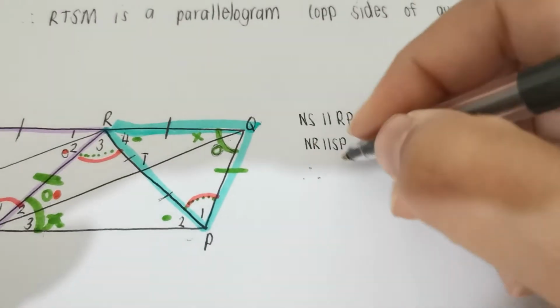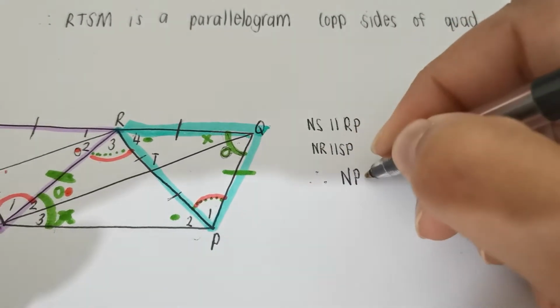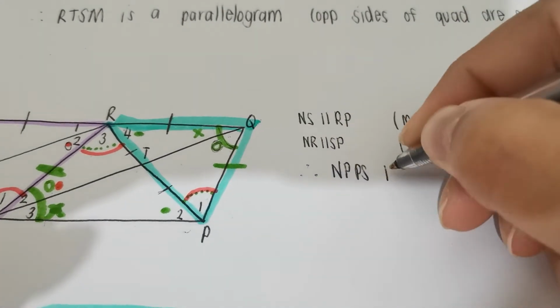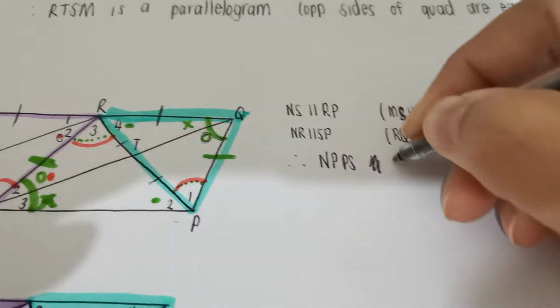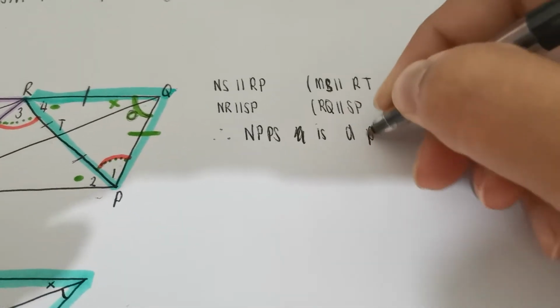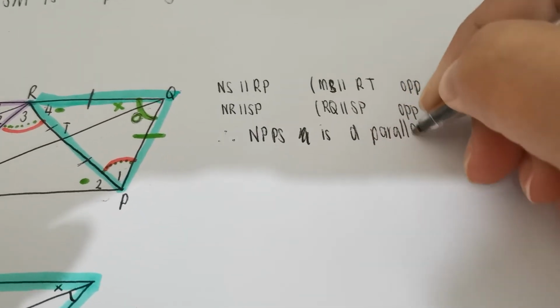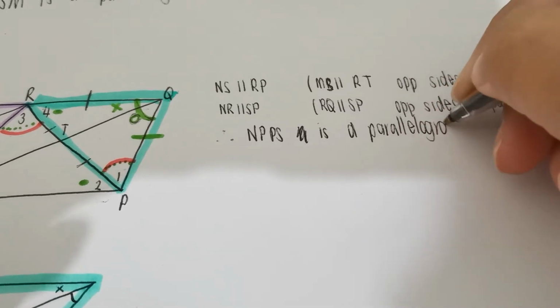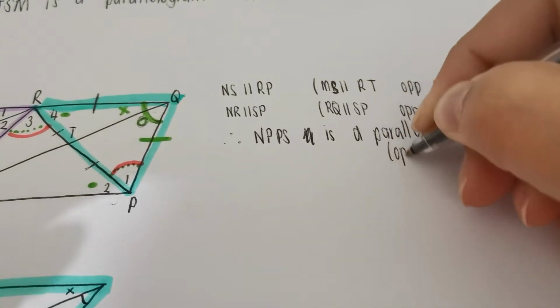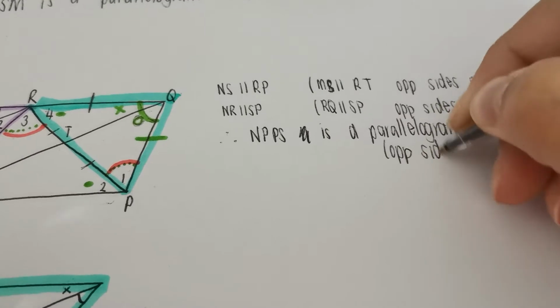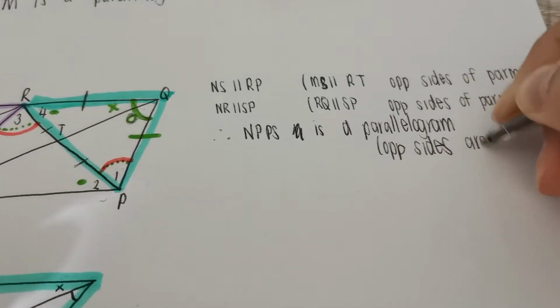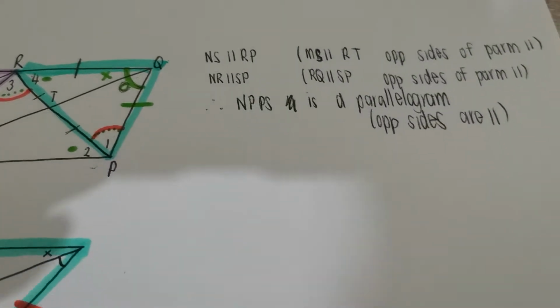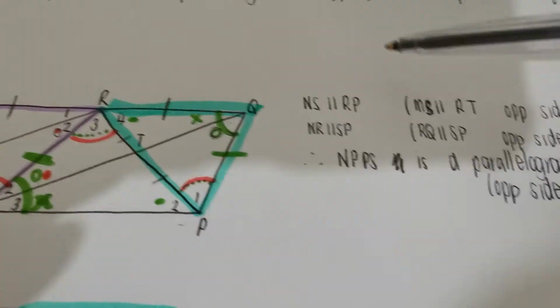Therefore, NRPS is a parallelogram. And the reason for this is opposite sides are parallel. Opposite sides are parallel. We just wrote that down.